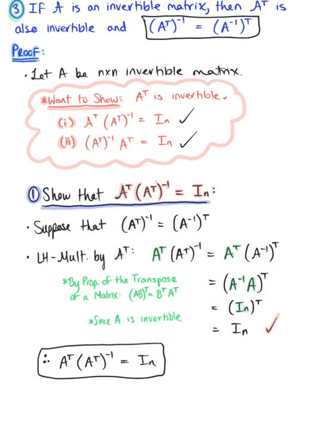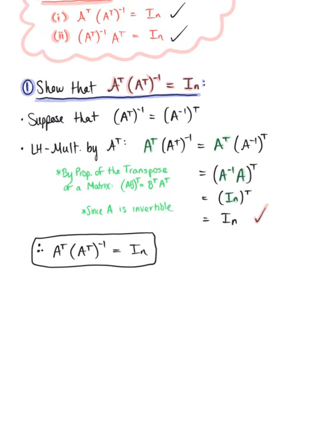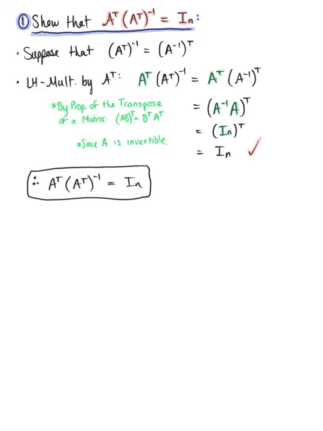But we still need to go ahead and use this same method to show that case 2 holds true. So here we go, case 2. Here we want to show the reverse. Or in other words, we want to show that the inverse of the transpose of matrix A multiplied by the transpose of matrix A is the n by n identity matrix.